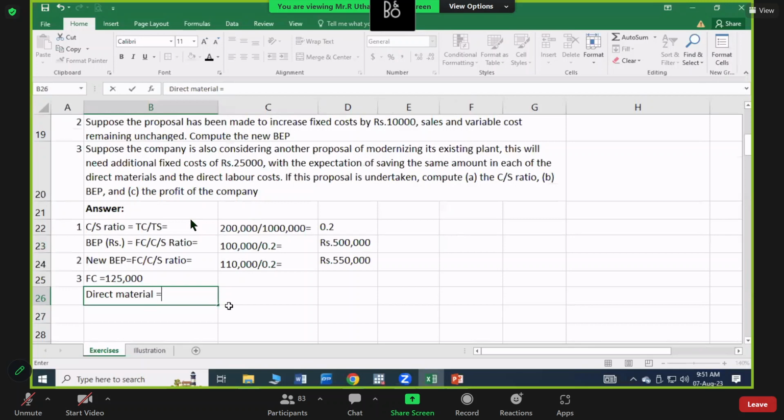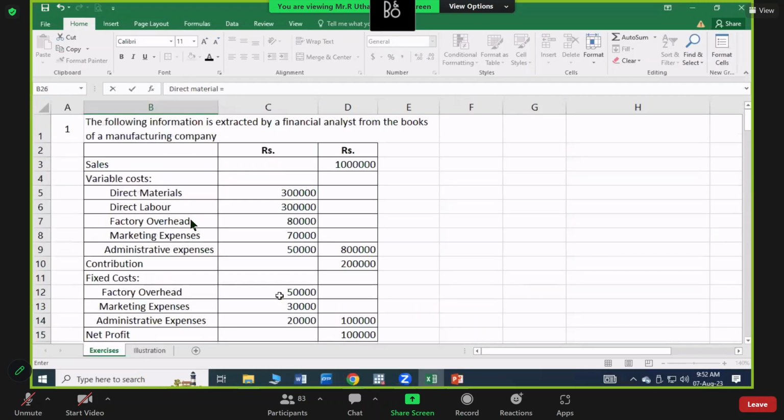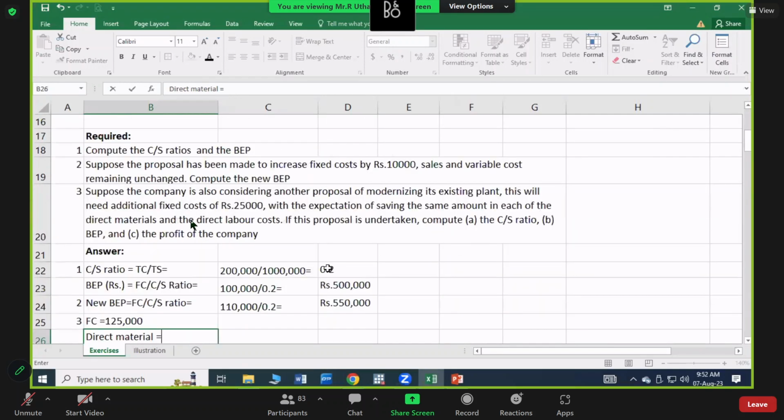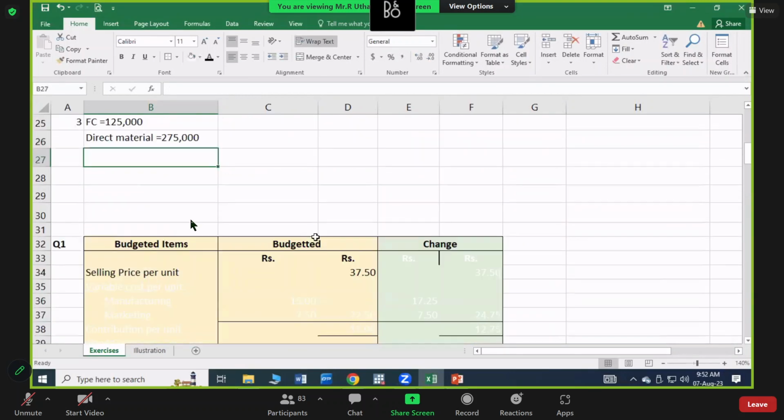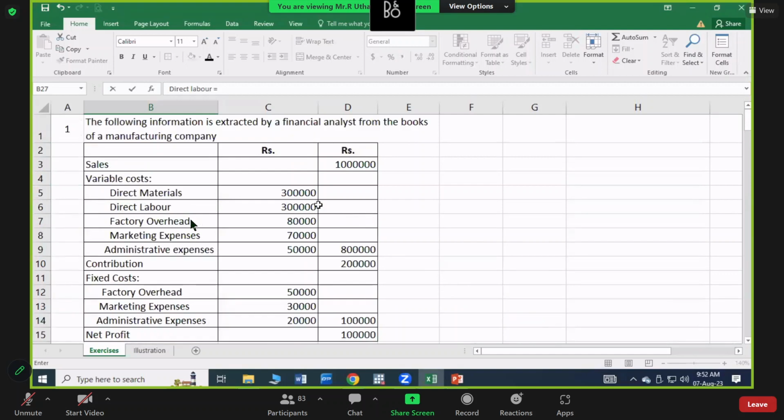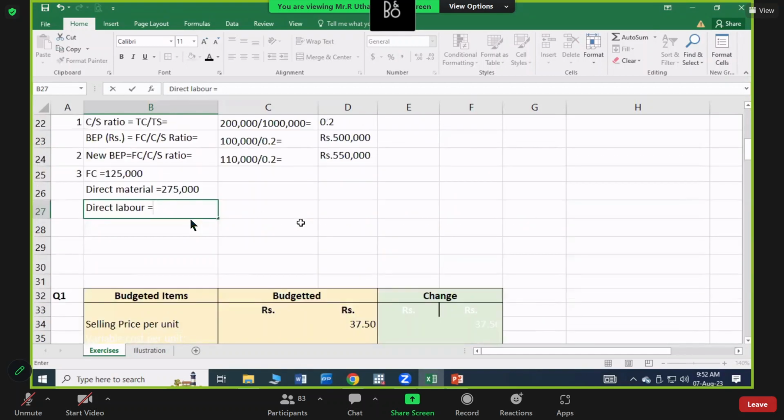Direct material was earlier 3 lakhs, now it becomes 2 lakhs 75,000. Direct labor also should be reduced, since saving means reduction, so again 2 lakhs 75,000.